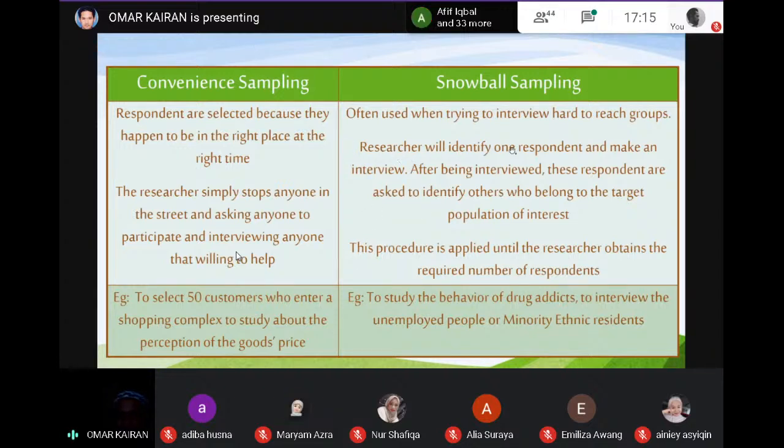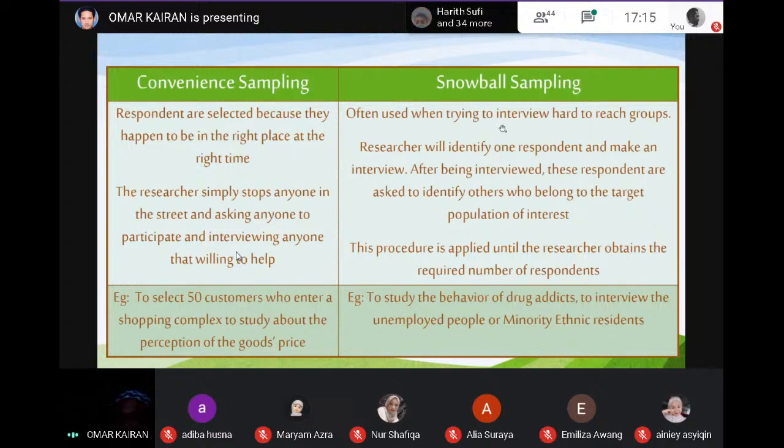Okay, researcher will identify one respondent and make an interview. After being interviewed, these respondents are asked to identify others who belong to the target population of interest. As I explained to you just now, macam itulah, orang pass kepada orang lain. The respondent pass to another respondent, and another respondent also will pass to another.